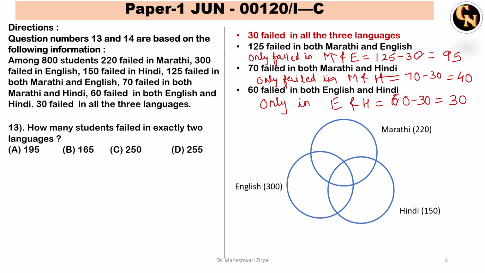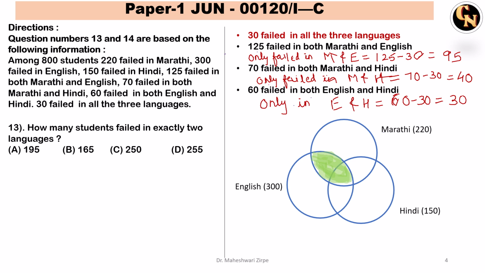The intersection will represent, for example, this part, which indicates that these many students failed in two subjects, English and Marathi, for these two circles.